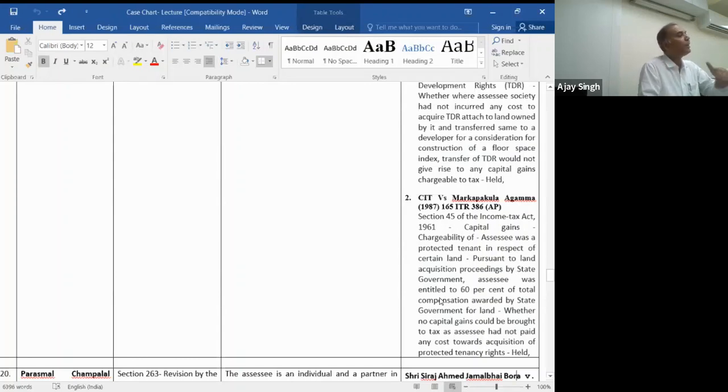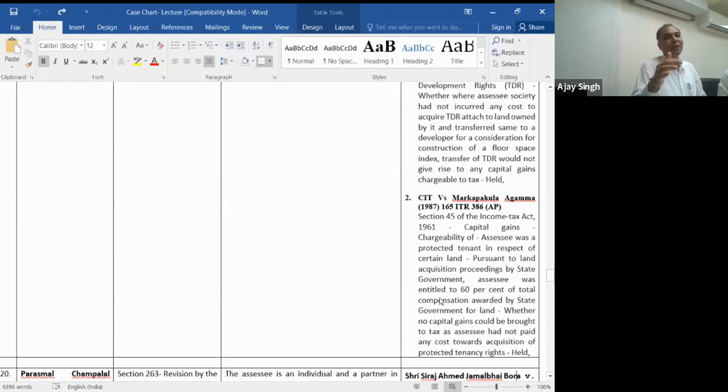In the region of Pune, these are facts: earlier there were Jagirdars, and these people had received lands from the Britishers as inam or through the Peshwas. They had received certain lands and were occupying, cultivating and using them for years together.